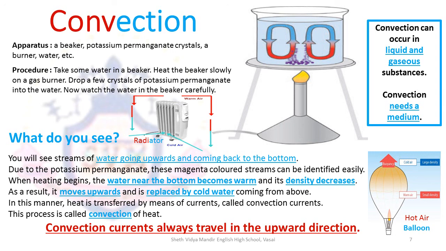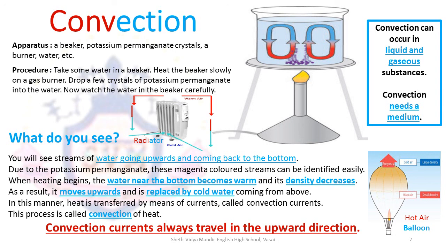So now when the heating begins, you will notice that the water near the bottom becomes warmer. Once it becomes warmer, the density will decrease, the molecules will expand and it will go up. Once it moves upward, the temperature at the top will not be very hot, it will be cold.